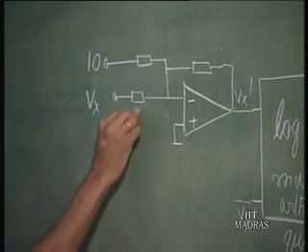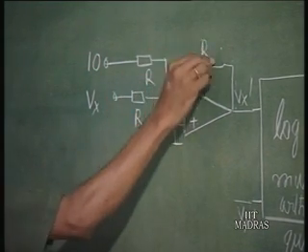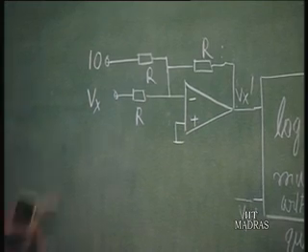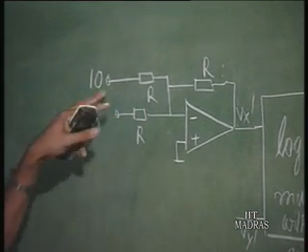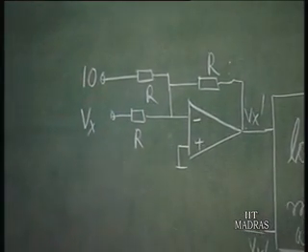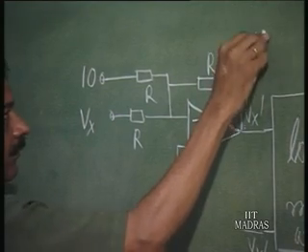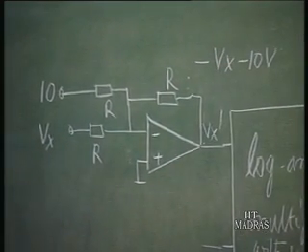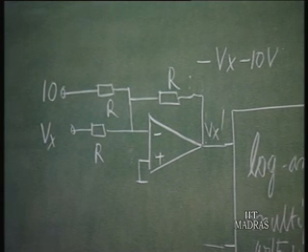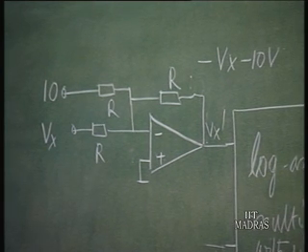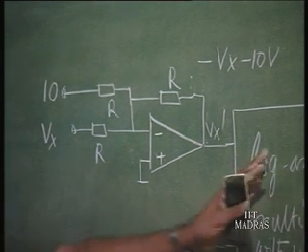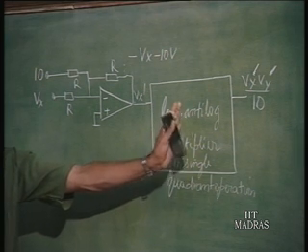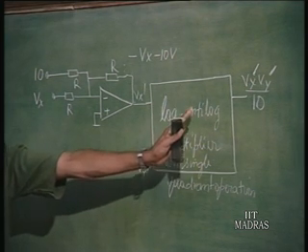This is R. So, what will appear at Vx' is minus Vx minus 10 volts. So, if this is operating only in one quadrant corresponding to only negative voltages, right.